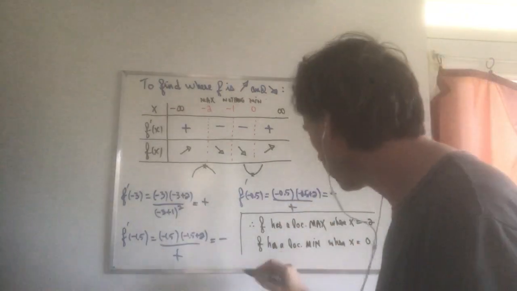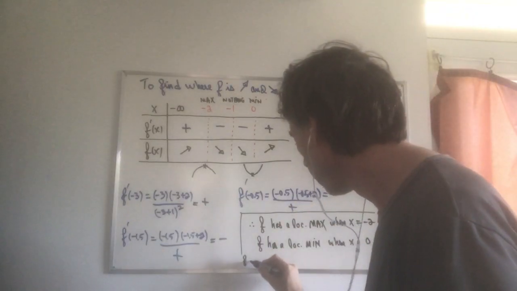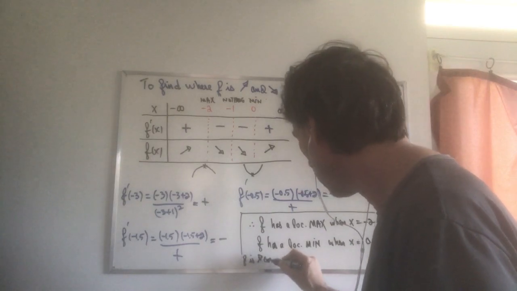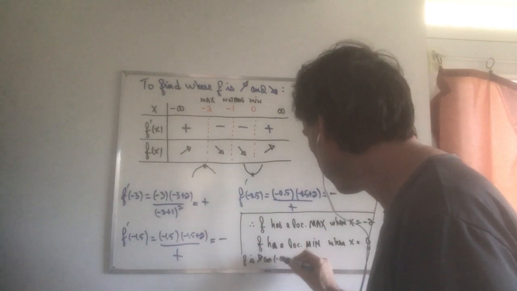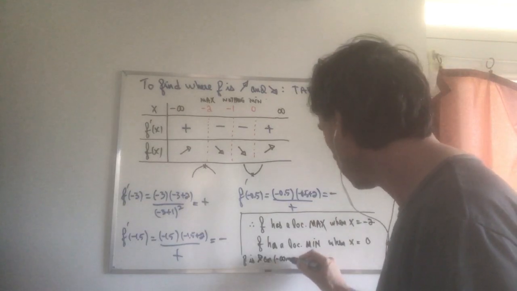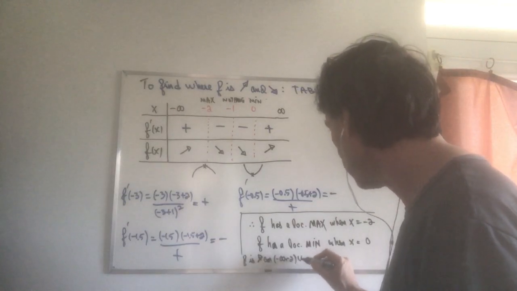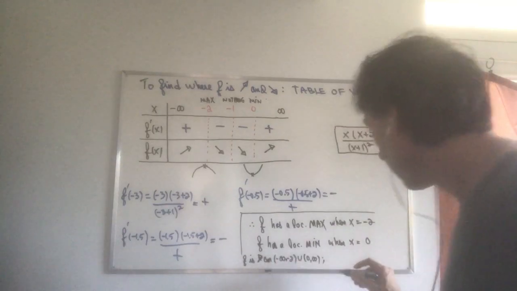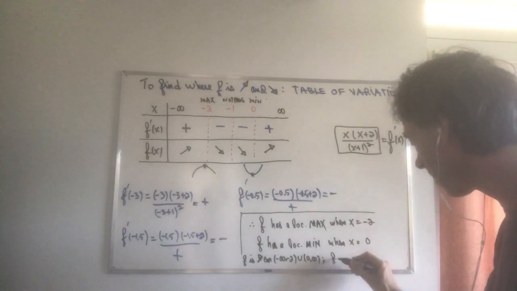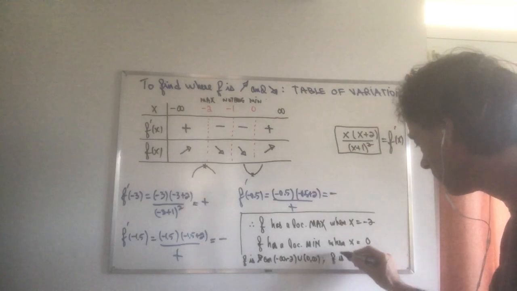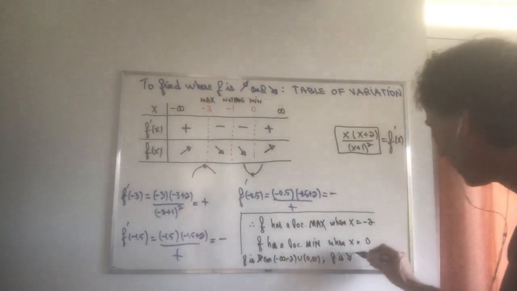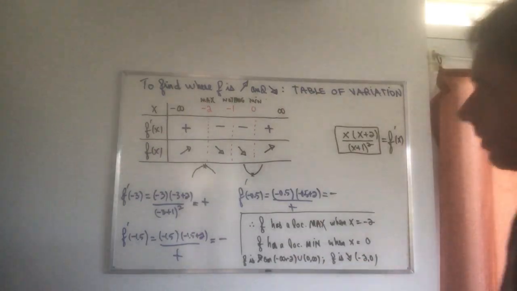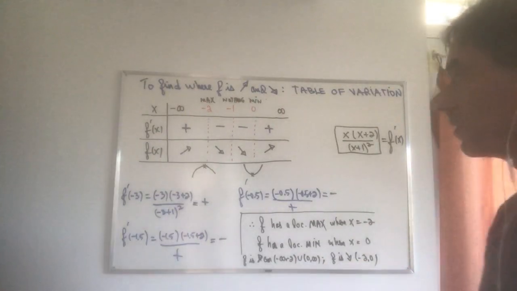To finish, I can also say that f is increasing on -infinity to -2 union 0 to infinity, and I can actually say that f is decreasing on the interval -2 to 0, and now we have a complete picture of what is happening with this function.